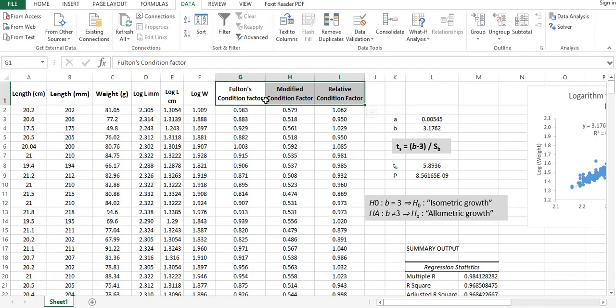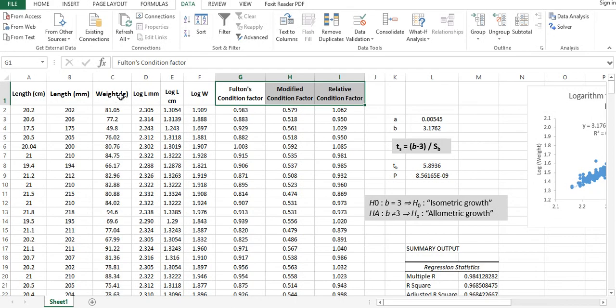In the Fulton and modified condition factors the a value is not required, but in the relative condition factor the a value is required, because a is in the equation. You must not take the a value from millimeters, because the intercept differs between millimeters and centimeters. So you have to convert your length to centimeters, with weight in grams.